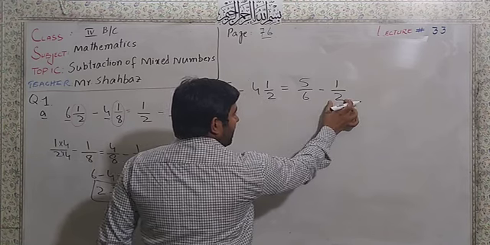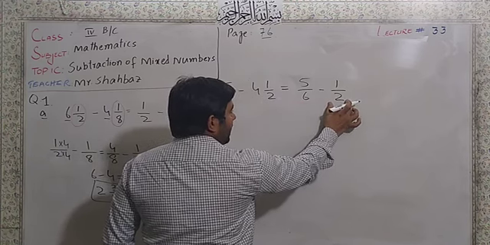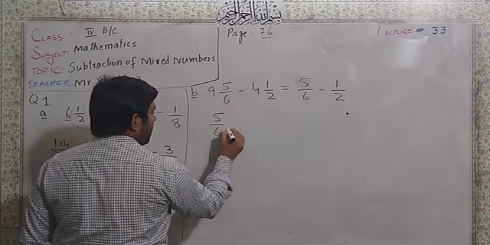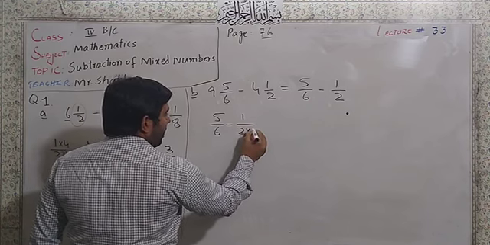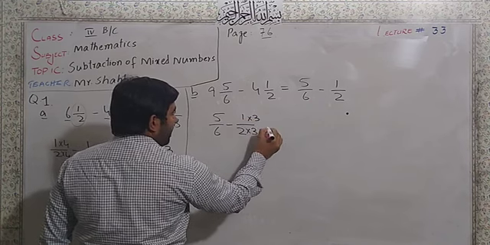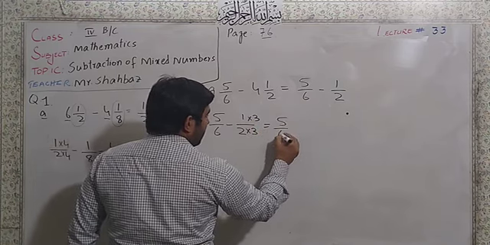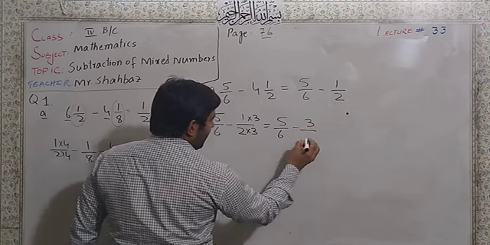So we will make this 6. This is already 6. We can make this 2 3s are 6. So this multiply by 3, this also multiply by 3. 5 over 6 minus 1 3 is 3 over 2 3s are 6.